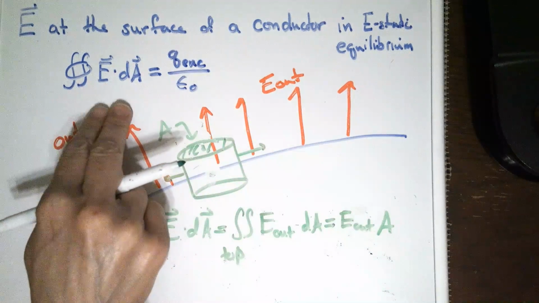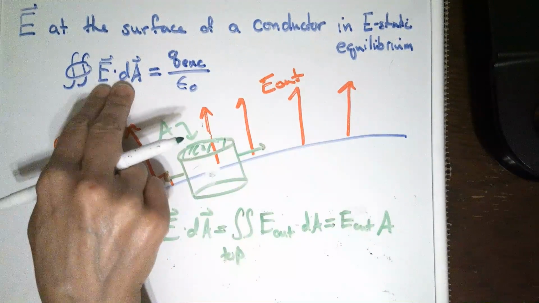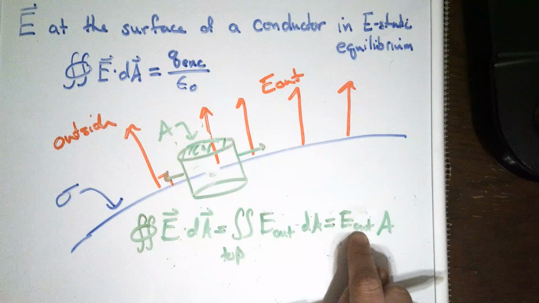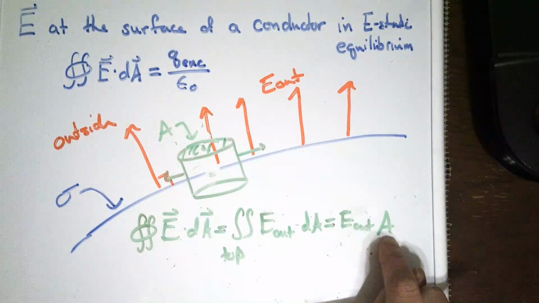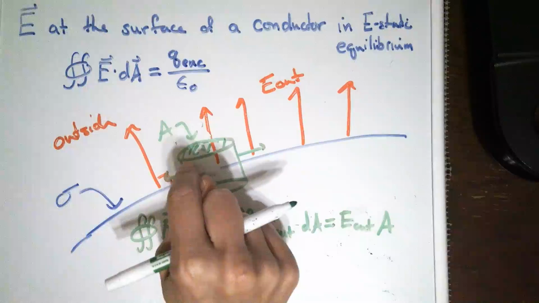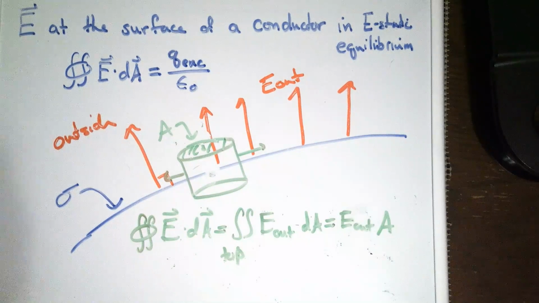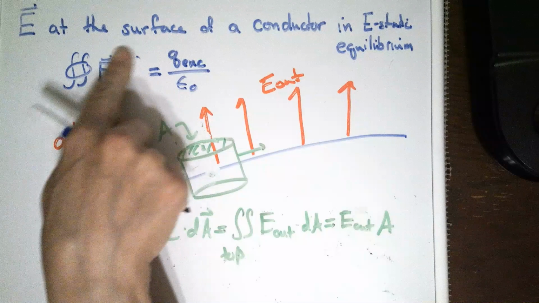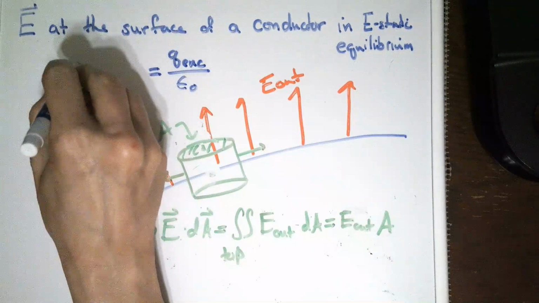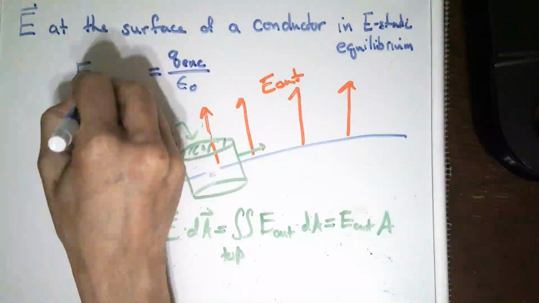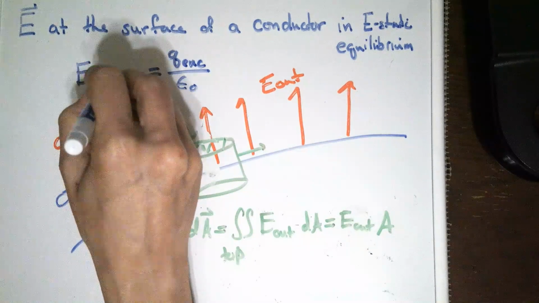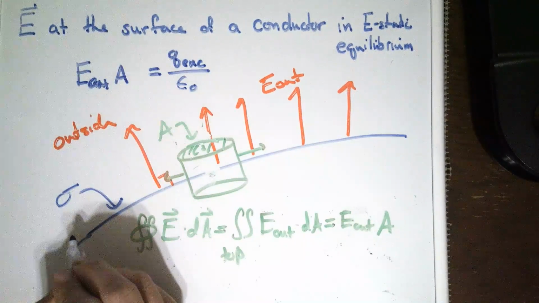This side of the equation is just the outside electric field times the area of my little Gaussian pillbox. So I'm going to erase that and replace it with E on the outside times the area of my pillbox.